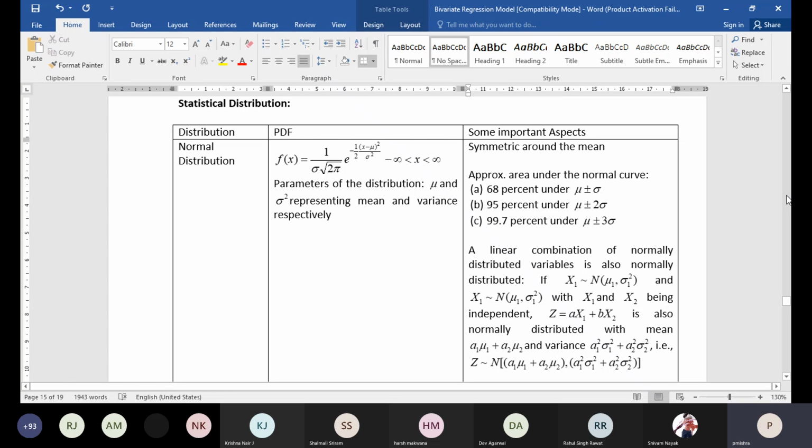If you can recall, when we discussed the classical linear regression model, we talked about the assumption of normality of the random disturbance term. We assumed that the random disturbance term is normally distributed. And following that, we derived the statistical distribution of yi.